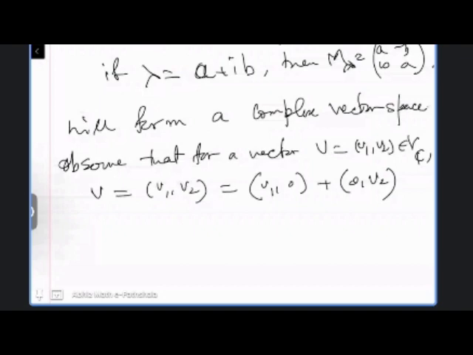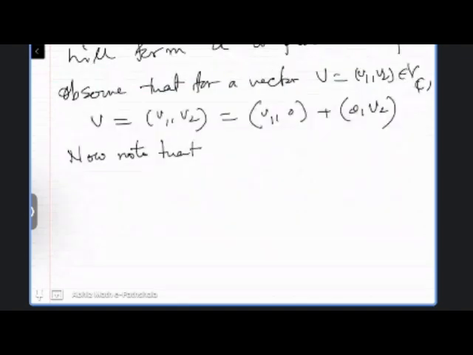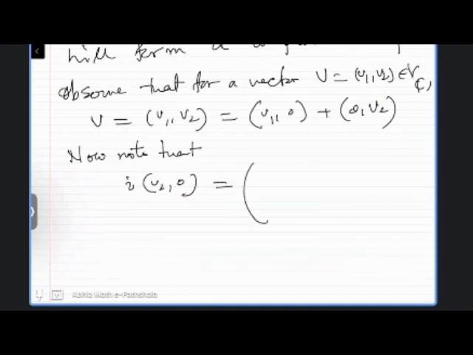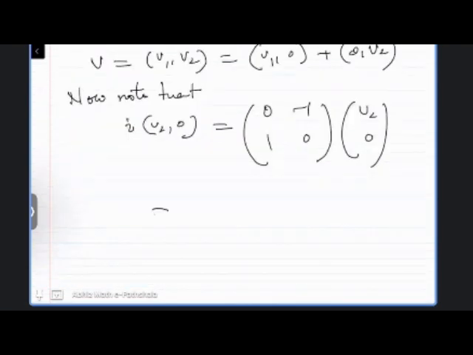Now, note that. Suppose you take this scalar I, and you are going to multiply this I with the vector V2 comma 0. Then what will happen here? So that means the matrix 0, minus 1, 1, 0, and here it is V2 comma 0.